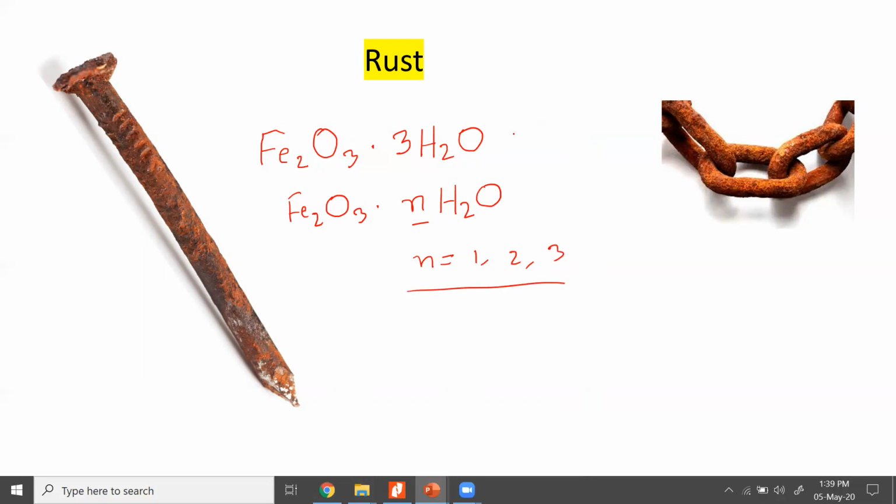So, what is rust? Rust is nothing but hydrated ferric oxide. That means water molecules are present with ferric oxide. The color of the compound is brown.